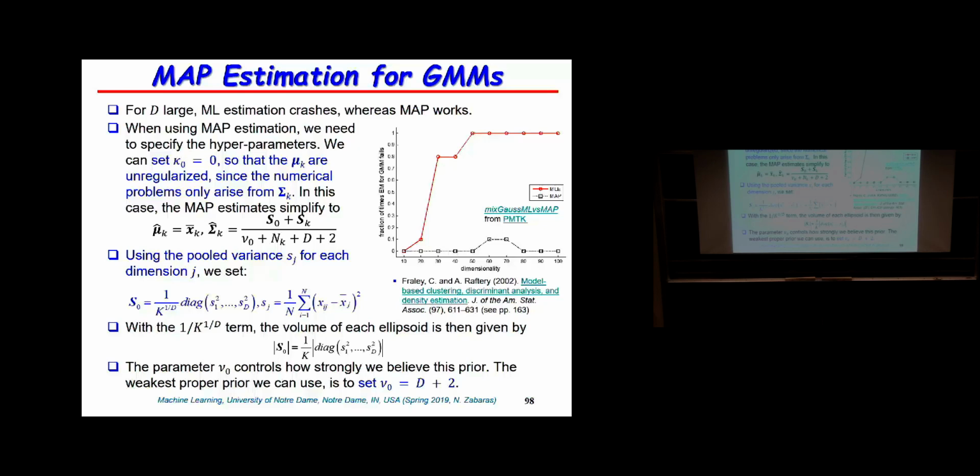So if you apply the EM algorithm, as you increase the dimensionality, notice that when you calculate the MLE for the Gaussian mixture, the number of times that the algorithm fails versus dimensionality becomes really 100% after dimension 50. So the algorithm basically never works. When you do the MAP estimation, it does fail a few times, depending how you initialize things, all right?